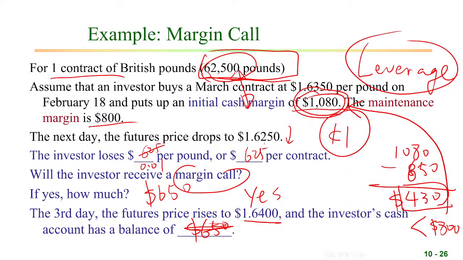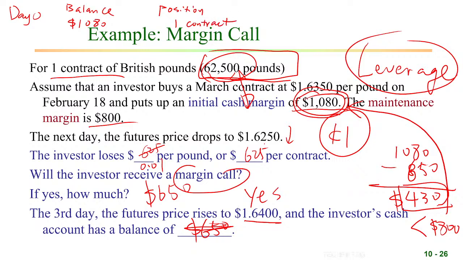So let's look at the answer on this one. Day 0. Your balance is 1080. Your position is one contract. So you bought one contract.